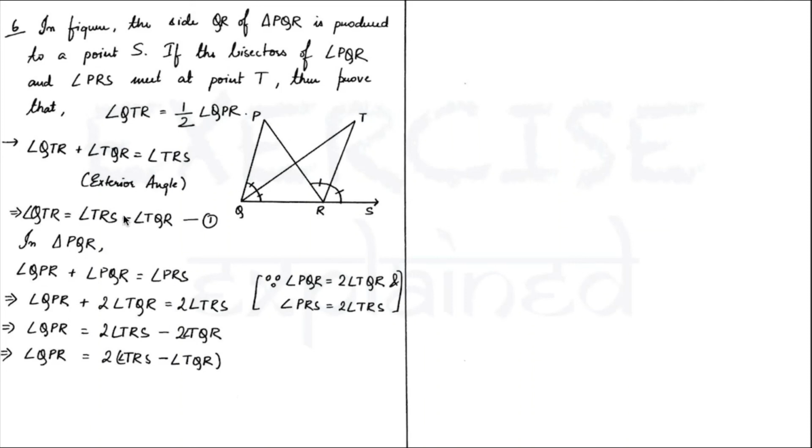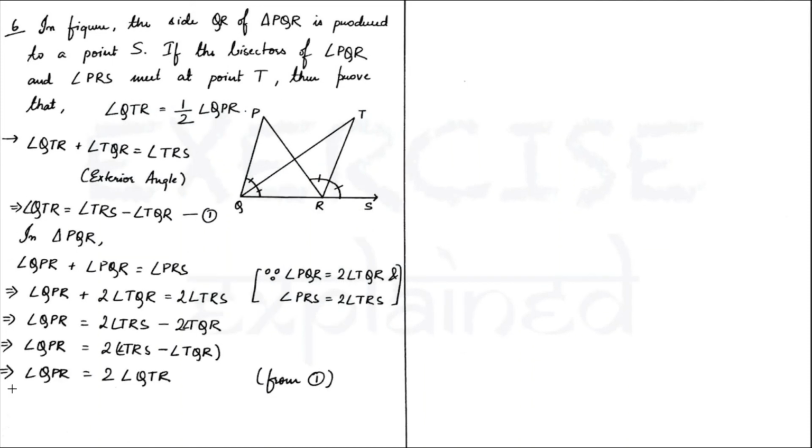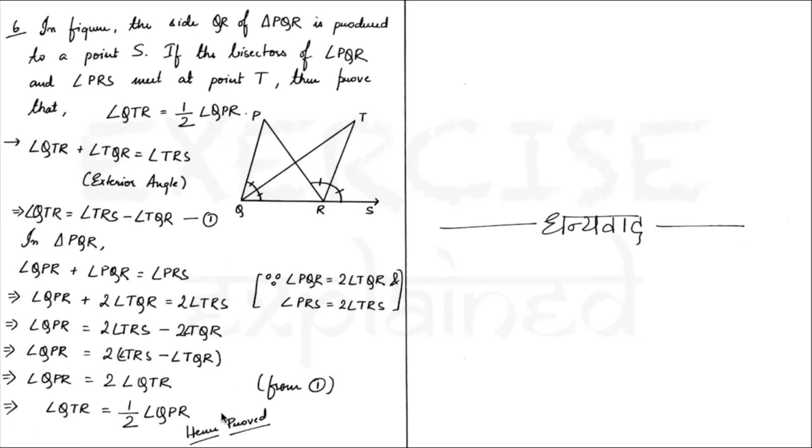Now TRS minus TQR is what? From equation 1 it is QTR. So can we write QPR is equal to 2 angle QTR? Now this 2 goes to the other side, and what we get is QTR is equal to half angle QPR, and that's what our question had asked. So we have just proved it.